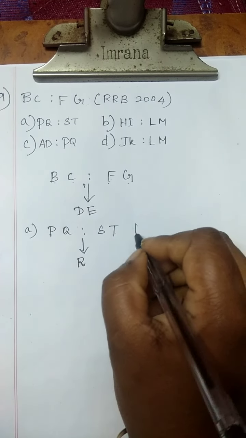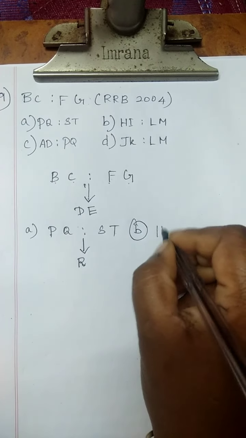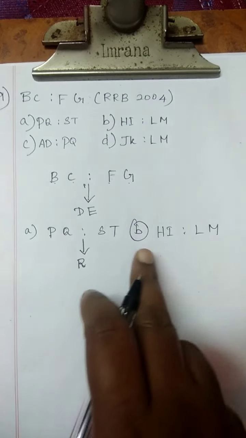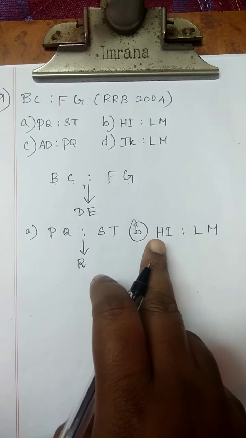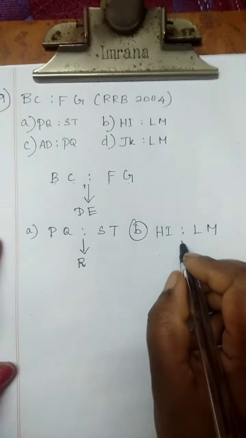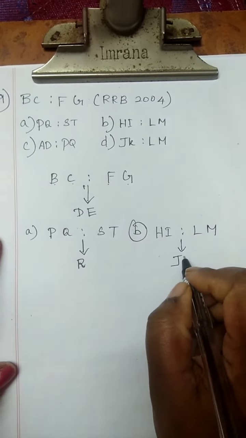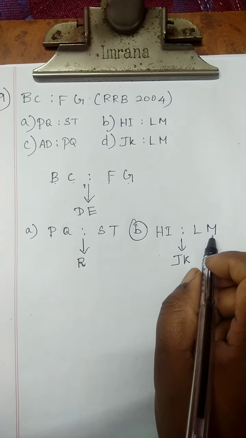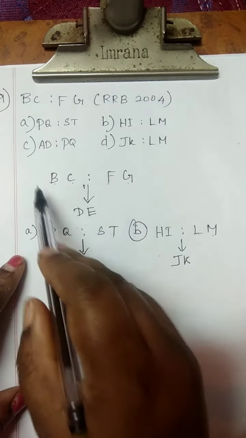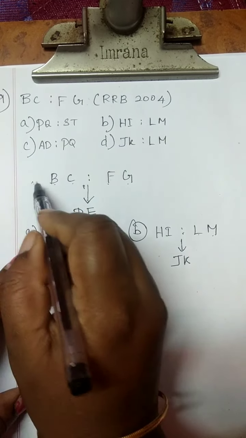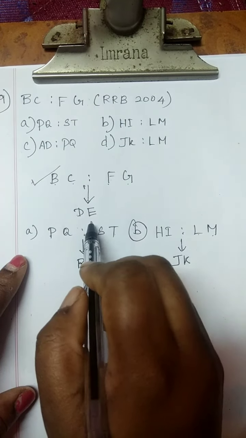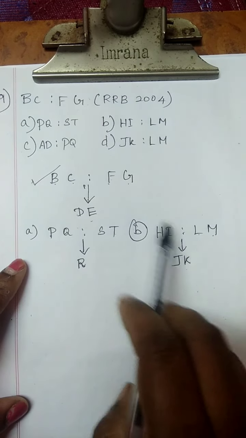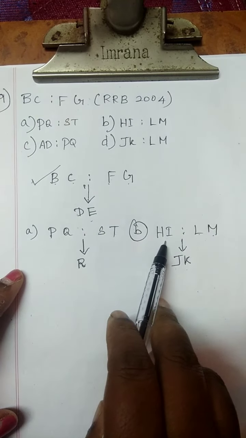Now check with option B, H, I, L, M. A, B, C, D, F, G, H, I. Here they left J, K. After that they have written two alphabets, L, M. So B, C, D, E, F, G, and then H, I, J, K, L, M. Both are matched.